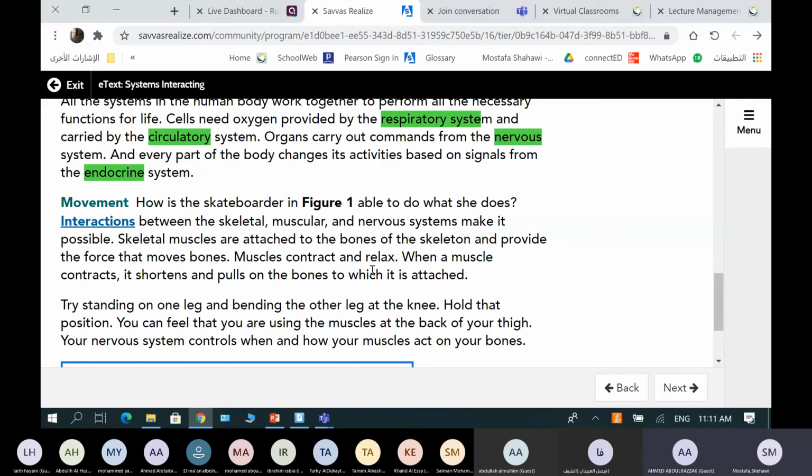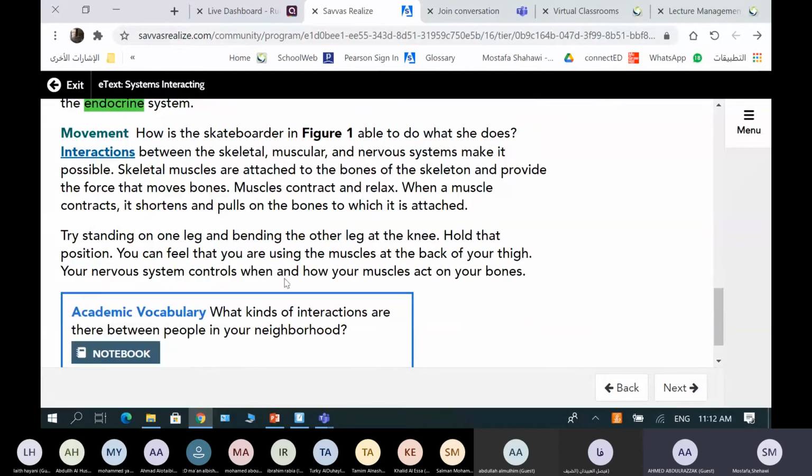When a muscle contracts, it shortens and pulls on the bones to which it's attached. Try standing on one leg and bending the other leg at the knee. Hold that position. You can feel that you're using the muscles at the back of your thigh. Your nervous system controls when and how your muscles act on your bones.